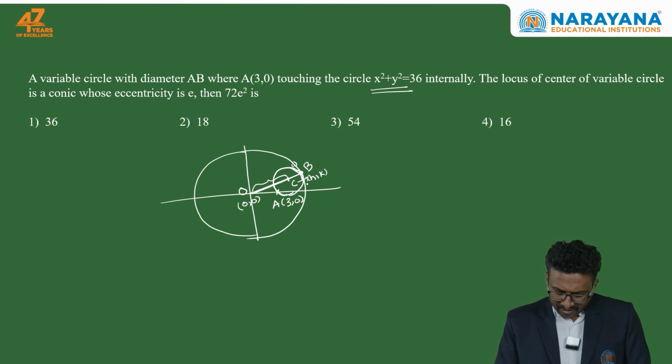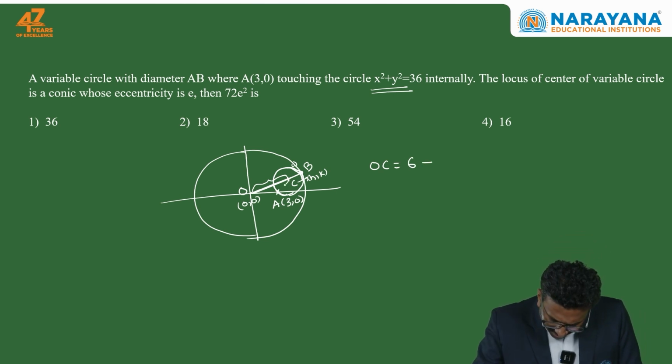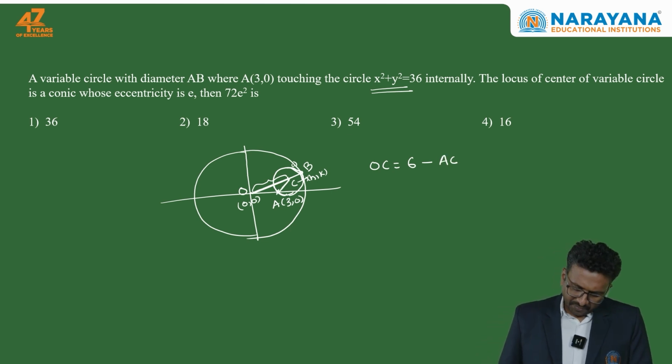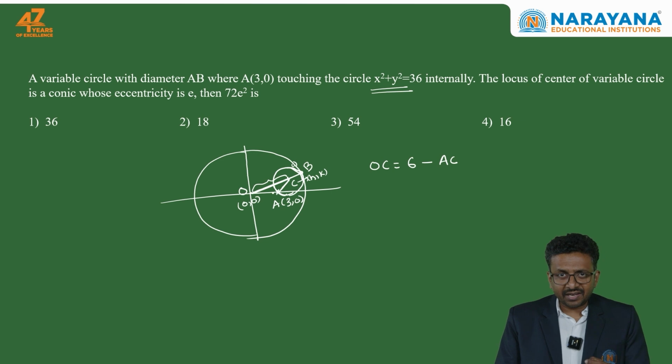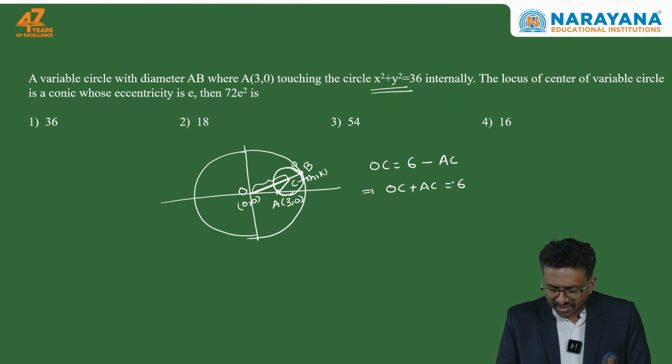That's the concept. So you can clearly see that OC is equal to bigger radius, 6, minus the smaller radius, which can be thought of as the length AC here, because A is a point on the circle, C is the center of the circle. So clearly OC plus AC is equal to 6.